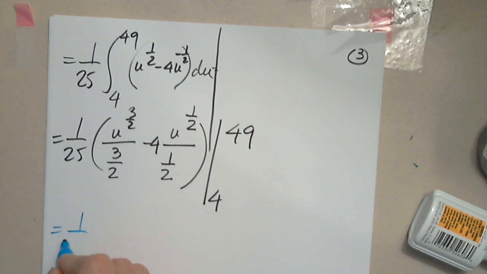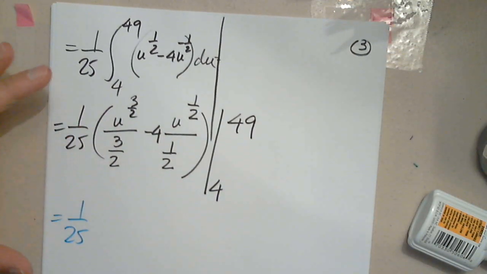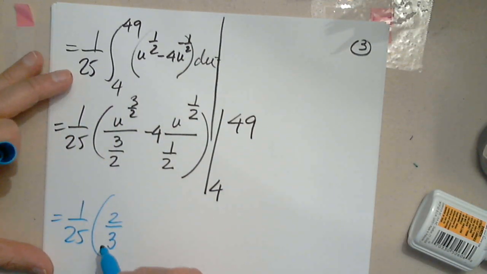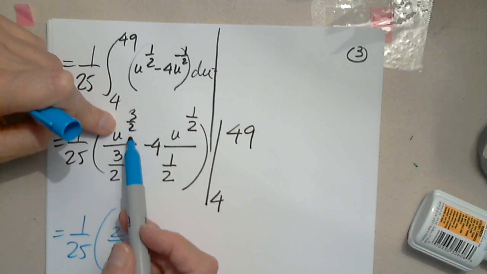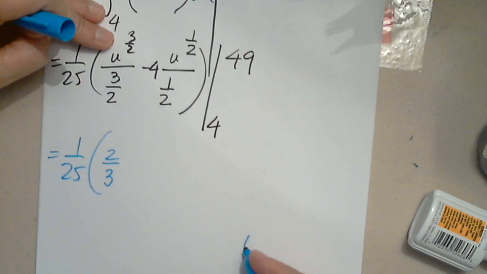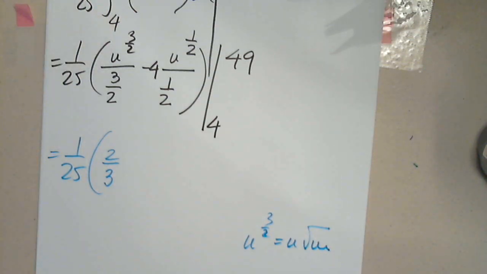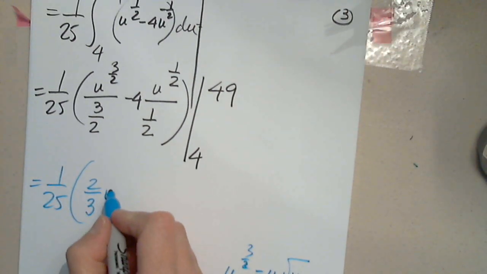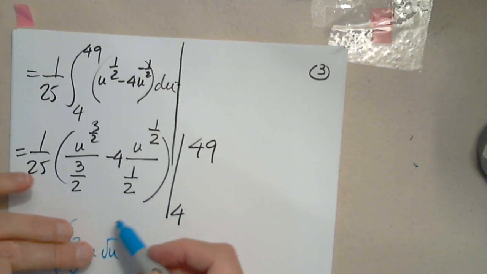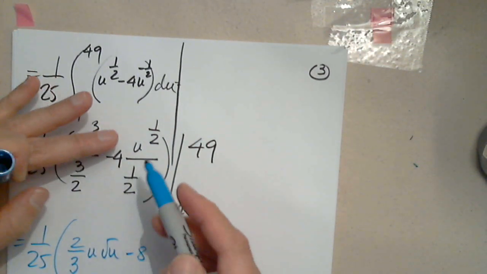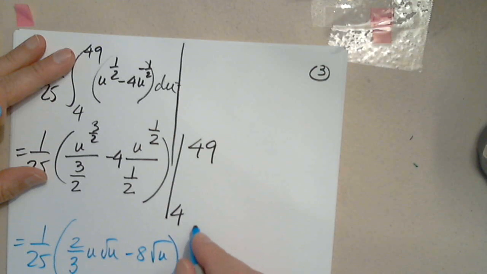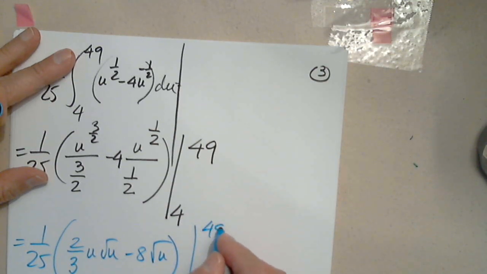So I have 1 over 25 outside. I flip and I get 2/3, and this is u to 3/2, but u to 3/2 is the same as u times the square root of u. I flip and I get minus 8, and this is the square root of u from 4 to 49.